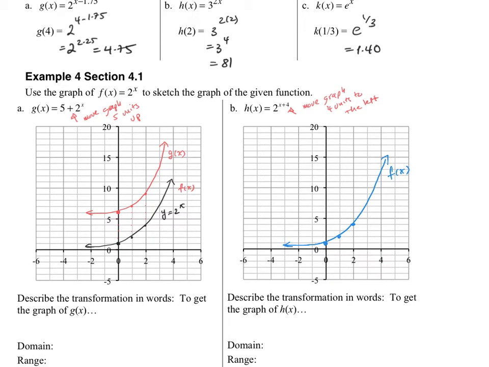And then g of x, you're going to move it 4 to the left. So therefore this will be 1, 2, 3, 4. Then 1, 2, 3, 4. 1, 2, 3, 4. So the graph is now going to look like this. Okay, so notice that doing these translations can change the domain and the range.